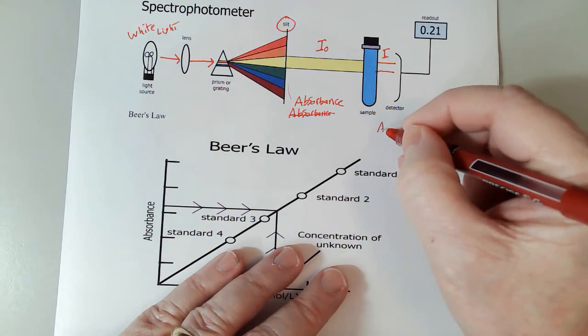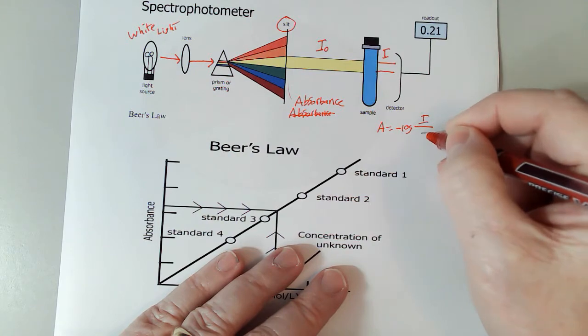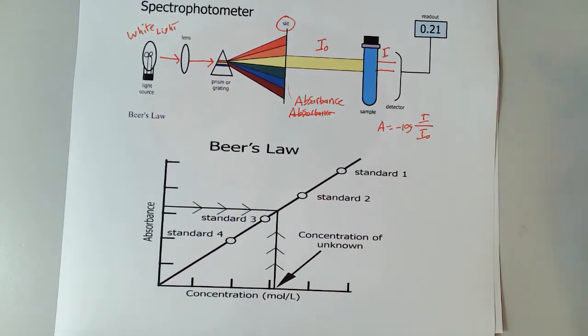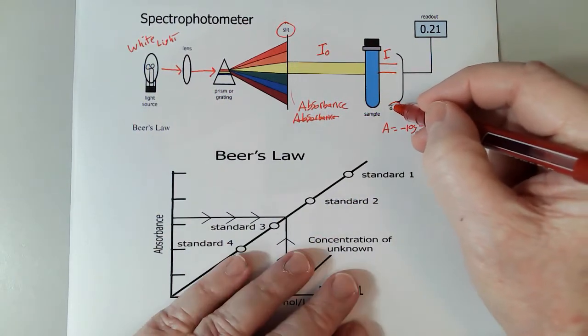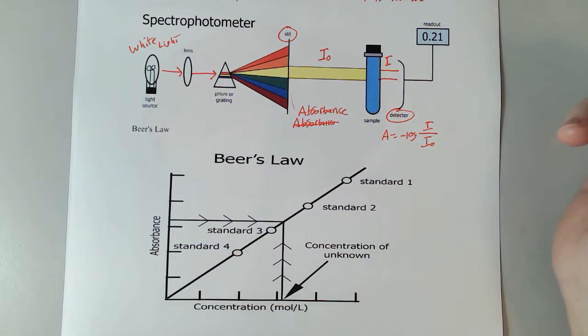A equals the negative log of I over I naught. So it's the ratio of how much comes out compared to how much went in. Now that can be detected here and go to some type of an output, where we can read it.